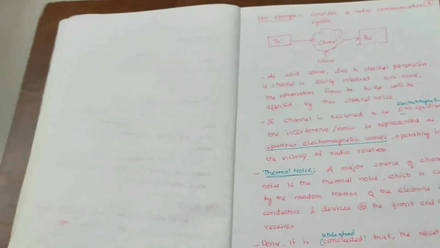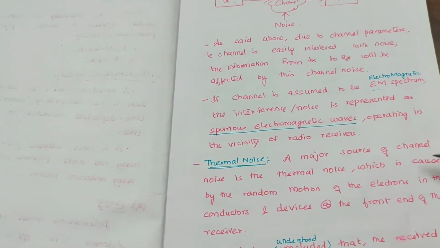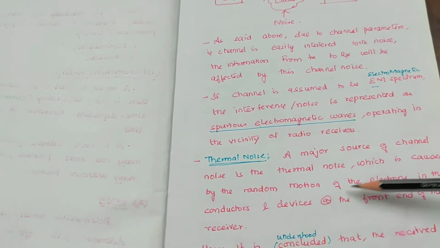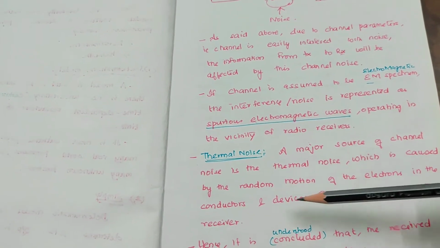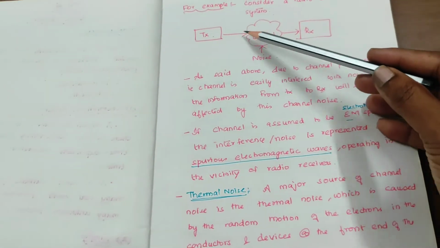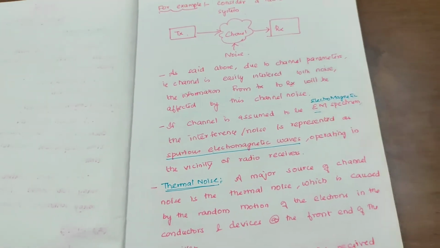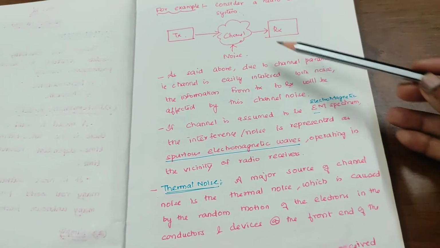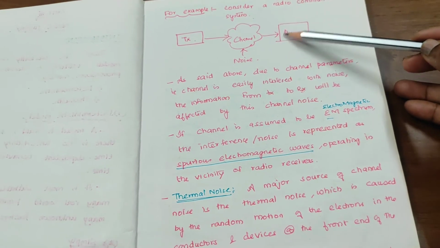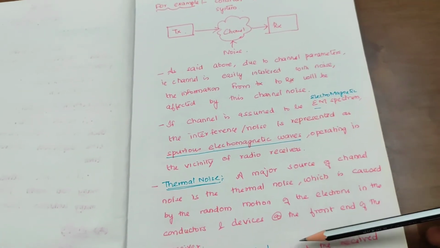It is a part of the channel noise, and it is caused by the random motion of the electrons in the conductor and receiver, which is placed at the front end of the receiver. Front end of the receiver means whatever device we build here to receive the signal.